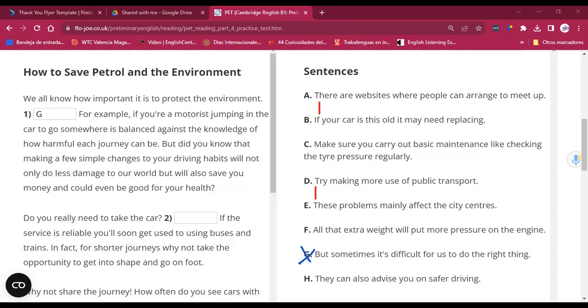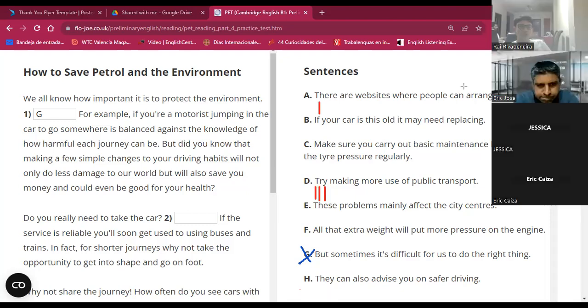Letter D. Try making more use of public transportation. Domenica? Letter E? No, letter D. Mariana? Letter E.